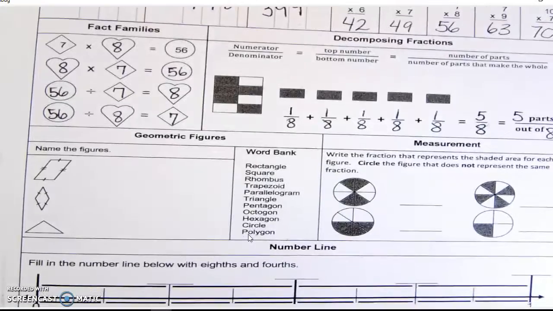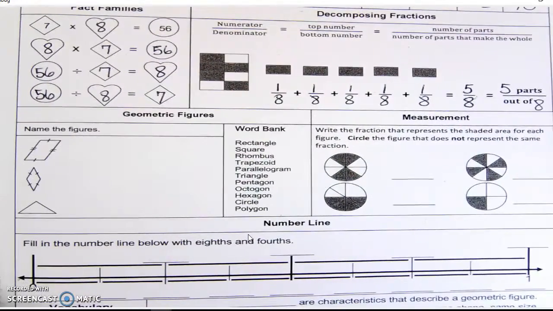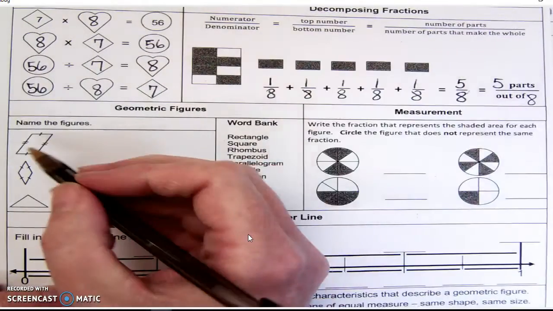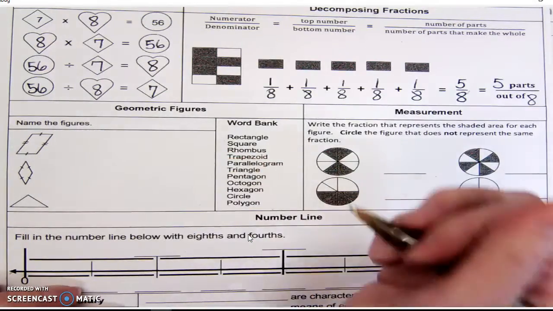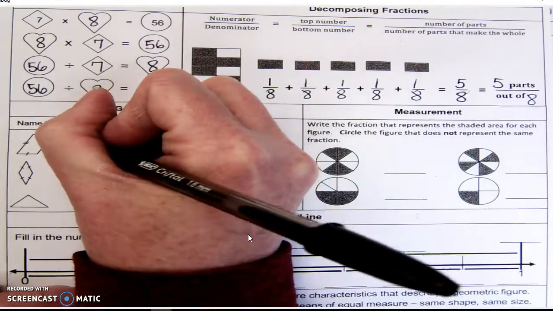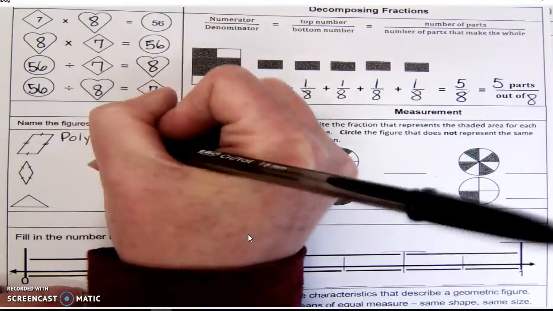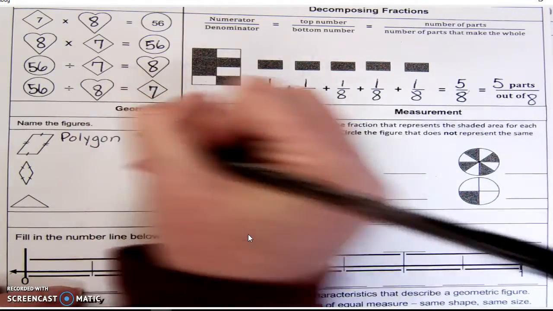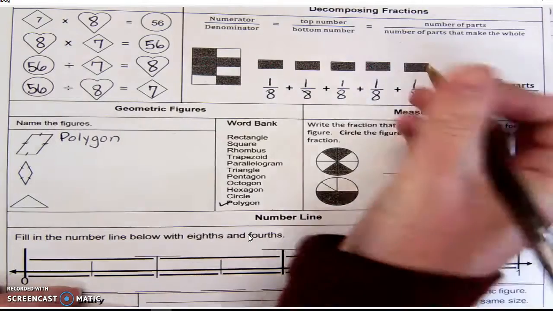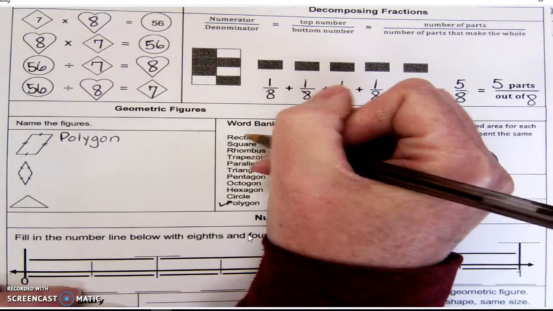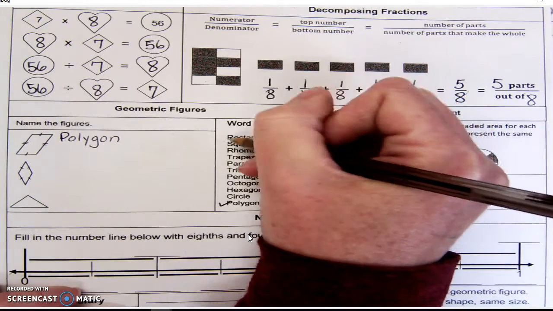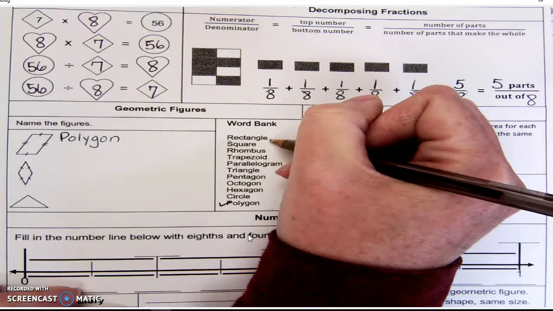Okay, let's look at our geometric figures. This shape right here is, of course, a polygon. First of all, it is closed and has straight sides. It is not a rectangle because it does not have right angles.